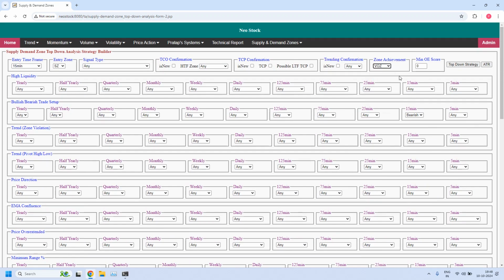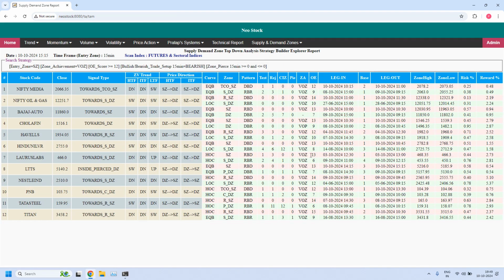Zone achievement violated opposing zone, minimum order enhancer score is 12. All the 3 filters are applied to 15 minutes supply zone. So 12 stocks are filtered. These 12 stocks are supporting bearish trade setup for daily income trade, that is entry time frame 15 minutes.